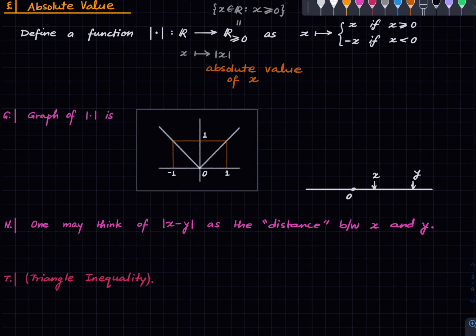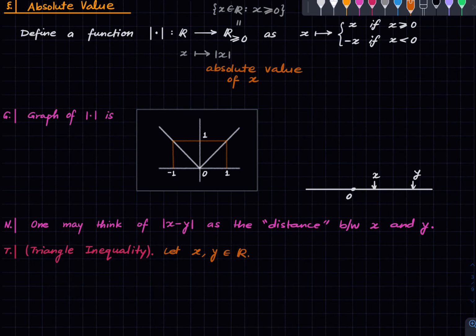Okay, great. And lastly, we need to recall the triangle inequality. It's a very simple thing. It says that if we have two real numbers, then this happens.